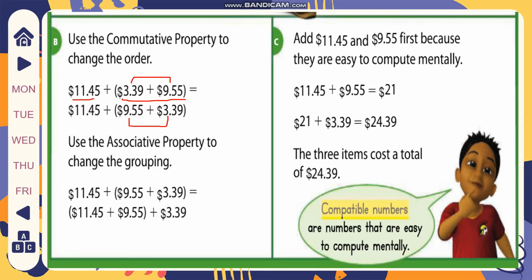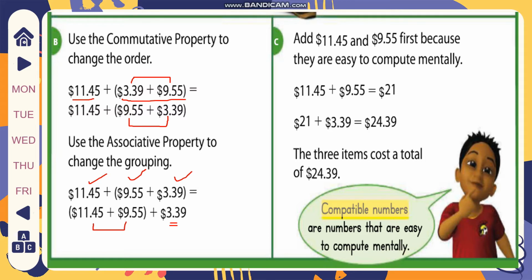And use the associative property to change the grouping. So you have 11.45 plus 9.55 plus 3.39. Maybe you can group 11.45 plus 9.55 first before adding to 3.39. And at the end, you will get the same answer.